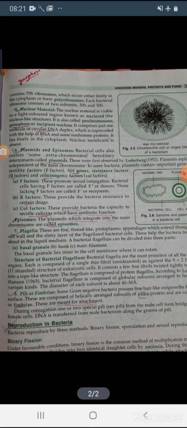So what is the structure of the flagella? Bacterial flagella are the most primitive of all motile organs. This flagellum is composed of a single thin filament or fibril, and that has a 9 plus 2 arrangement, meaning a total of 11 strands, the 9 plus 2 fibrillar arrangement.